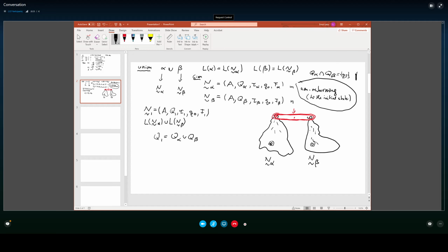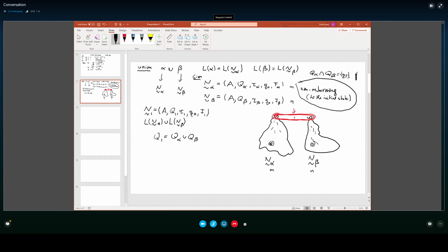Can you repeat the question? The question is, if N alpha has M states, and N beta has N states, and we're using this definition of Q1, which is the set of states for N1, the union construction, how many states does N1 have?